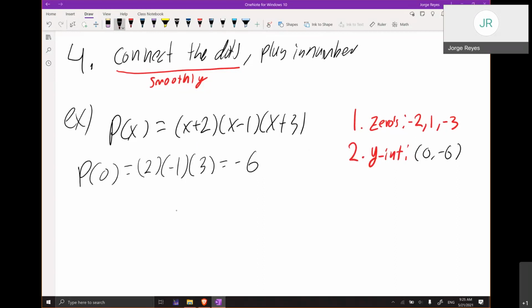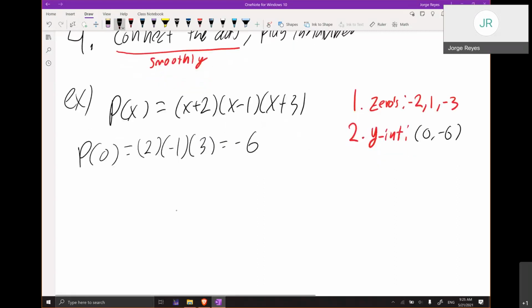Not that hard. Now, step 3 is end behavior. Something you could do, but I don't advise, is FOIL all of this together. I would not advise that because it takes a lot of time and you could mess up.